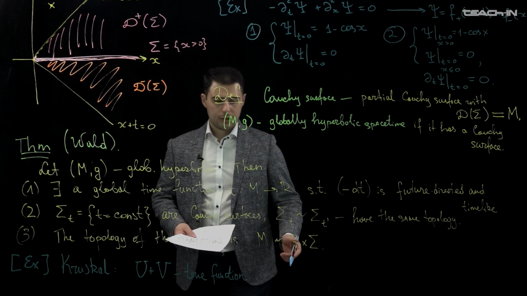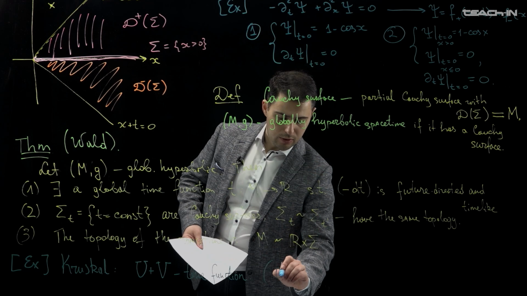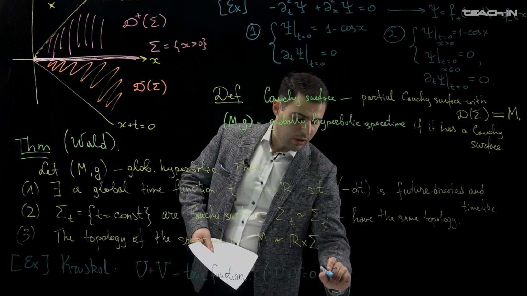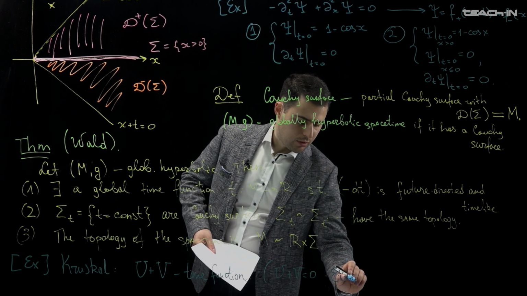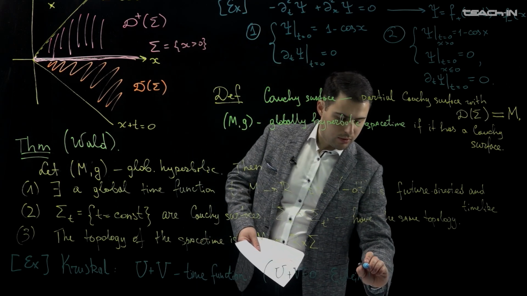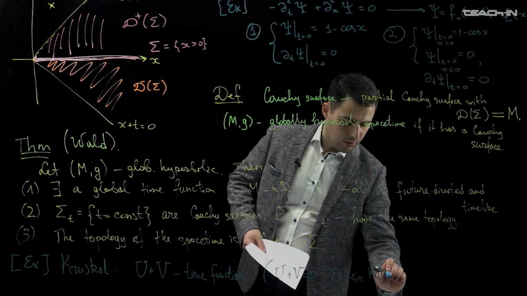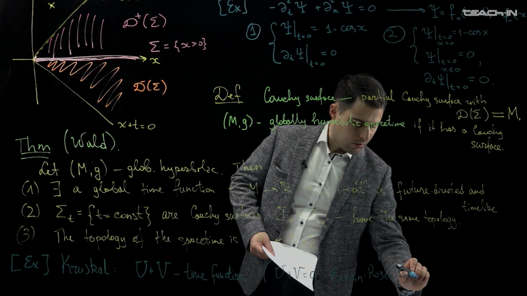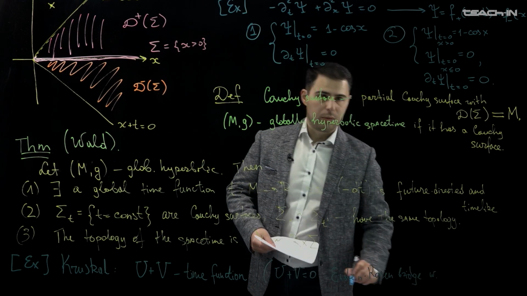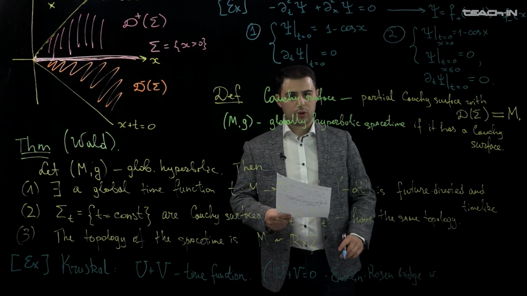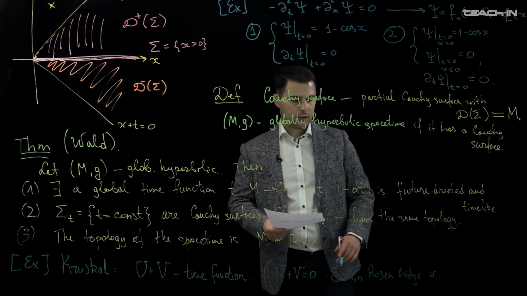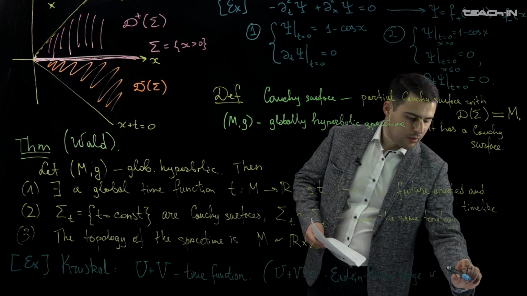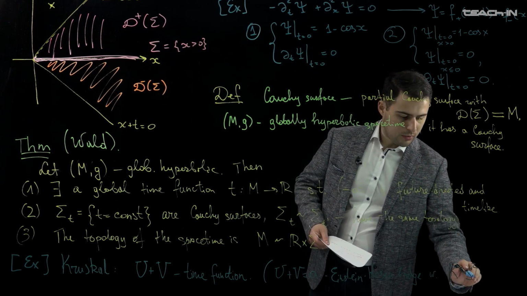So, since u plus v equals 0 is the Einstein-Rosen bridge, with the topology of a real cylinder, the topology is R times S2.